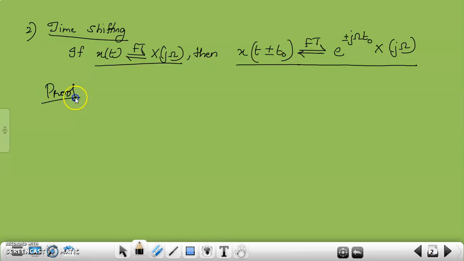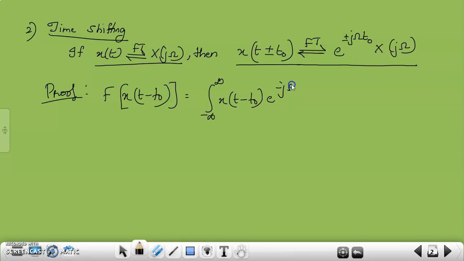Take the positive case. I'm going to find F of x(t minus t naught). Now I can write this as the integral from minus infinity to infinity of x(t minus t naught) e raised to minus j omega t dt, according to the definition of Fourier transform.